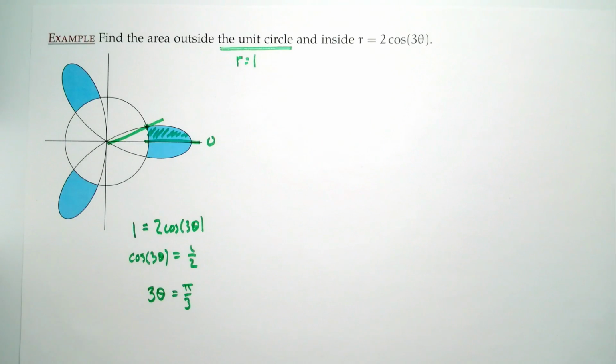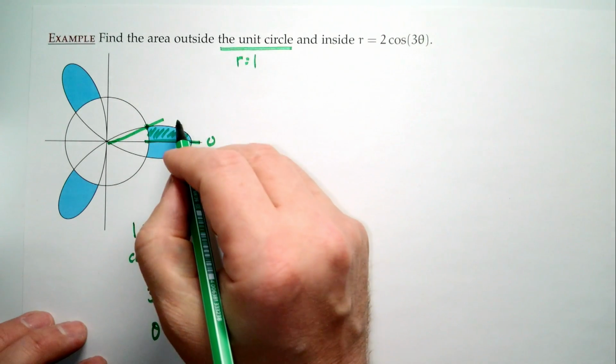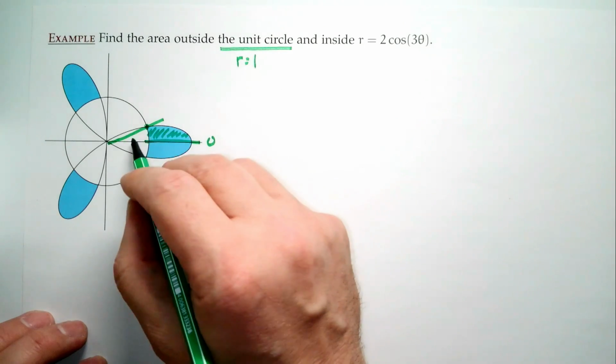So we're setting our input, 3 theta, equal to pi over 3. So what does that say about theta? Pi over 9. Divide both sides by 3. Which means that this is a 20-degree angle, a pi ninths angle.